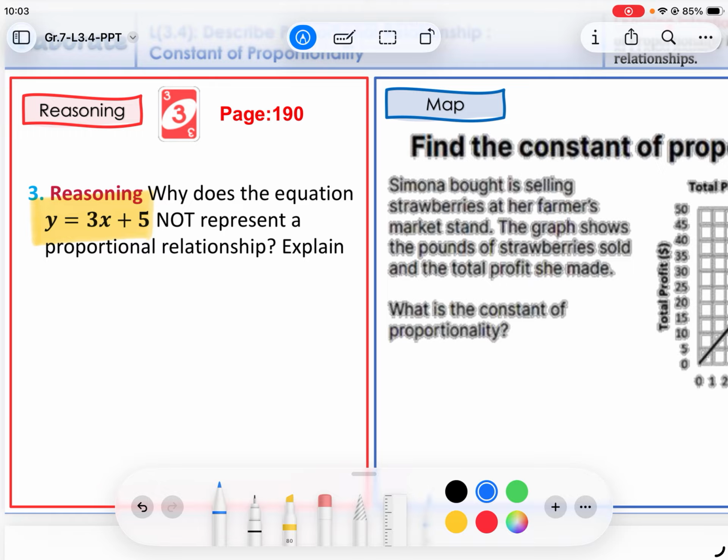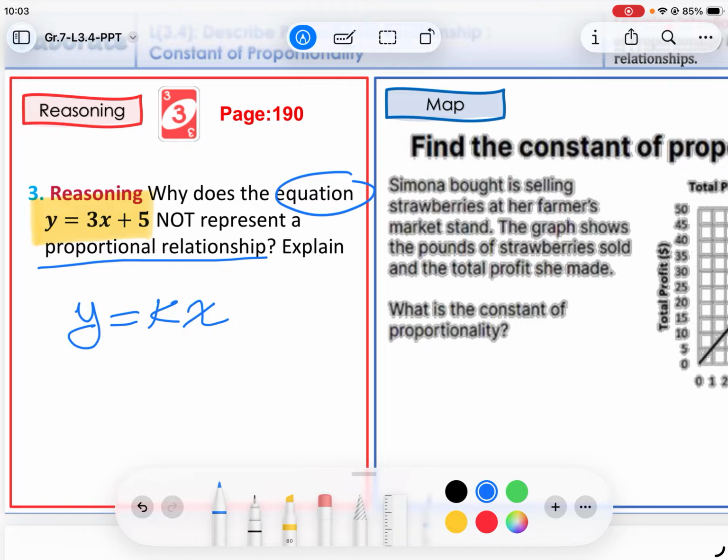Because what is the equation for our proportional relationship? We just studied one equation. The equation is what? Y equal kx. So is this equation that's given to you equal to y equal kx? No, it's not. There's a plus 5 in this equation, so it does not match.